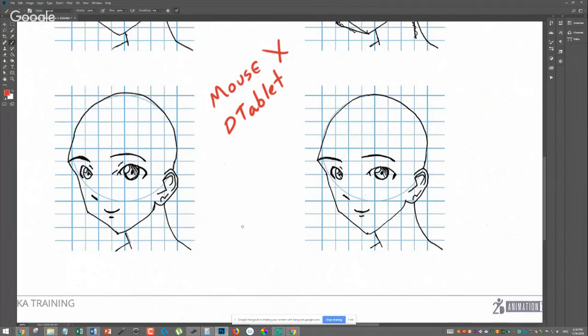Okay, I ask, does it have a screen? If it doesn't have a screen, then no, don't use it, because you need to be able to see what is below the pencil. If it's a screen tablet like the one I'm using, the Cintiq, then use it. I'm telling you from experience.